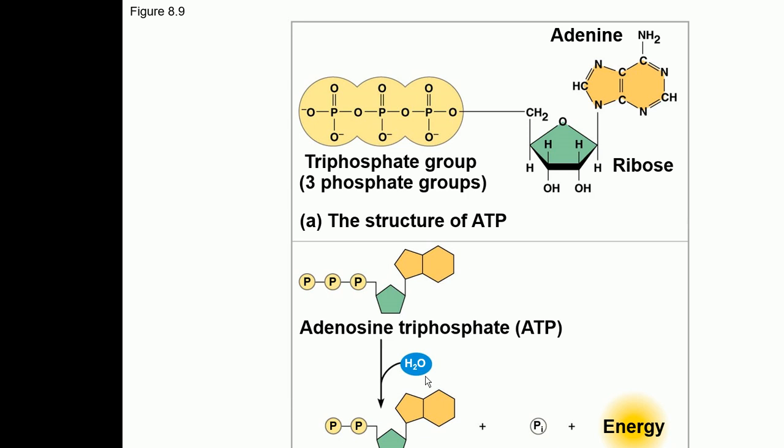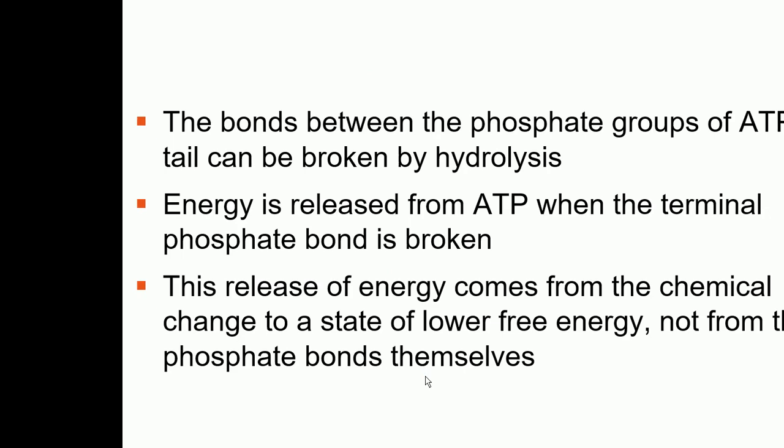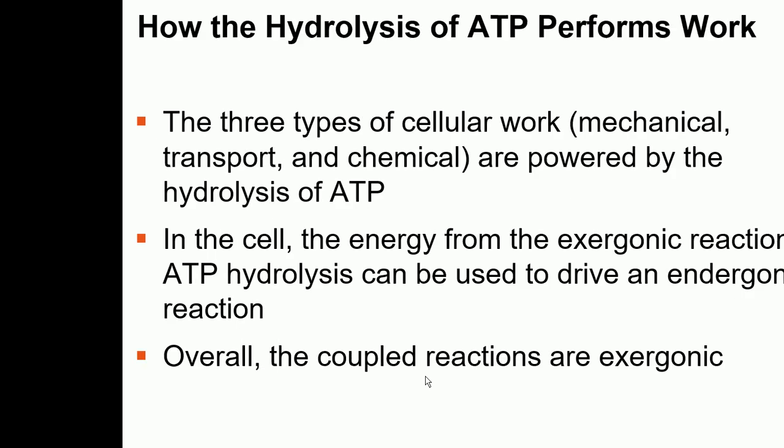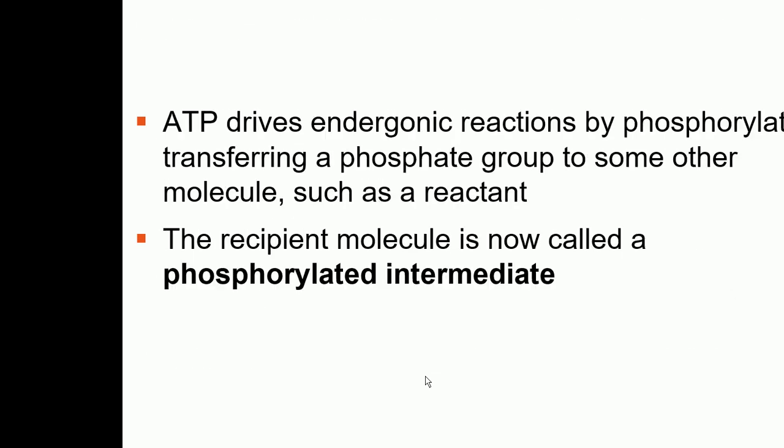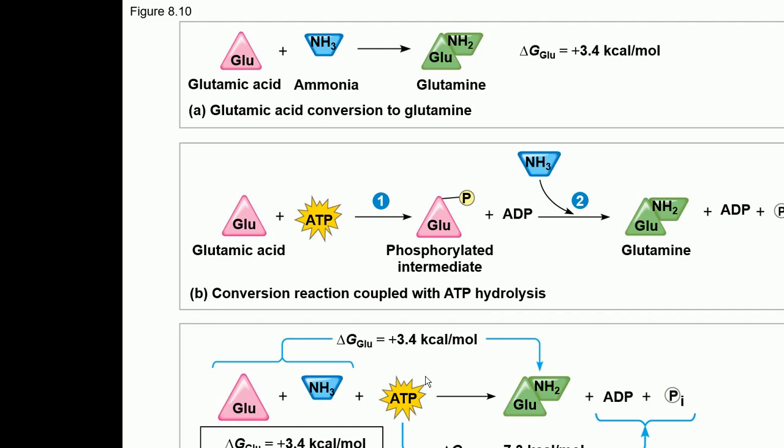So this reaction is called hydrolysis of ATP. Hydrolysis of ATP is an exergonic reaction. In this reaction, energy is released. And there are many reactions in our cells which are coupled with the hydrolysis of ATP, because hydrolysis of ATP is an exergonic reaction. And let me explain you from here.